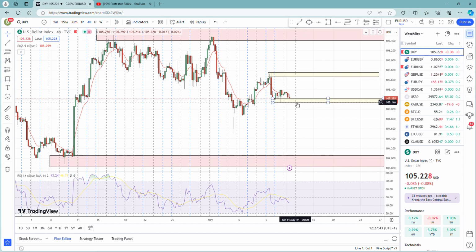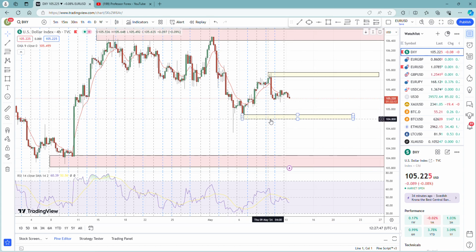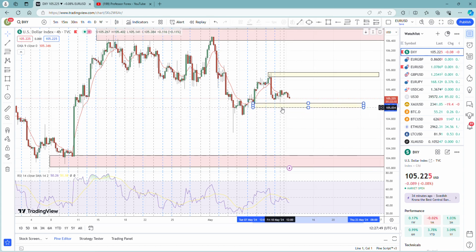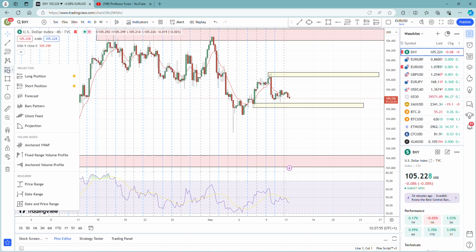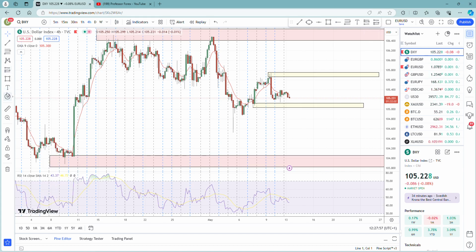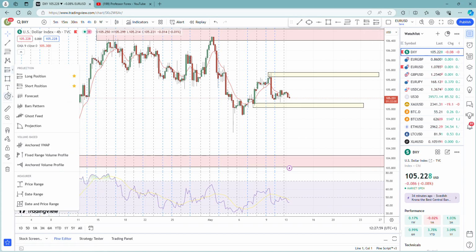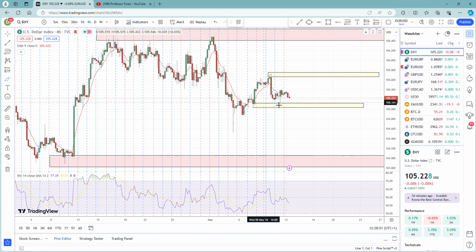Also, you can have your support region here as well, which I'd rather use just to give it a bit of breathing space. I'll use this one actually. So if price is close to this support, we can expect it to go up. Once price is here, we can expect it to go up to this level. Once price is here, we can expect it to go down, and vice versa.